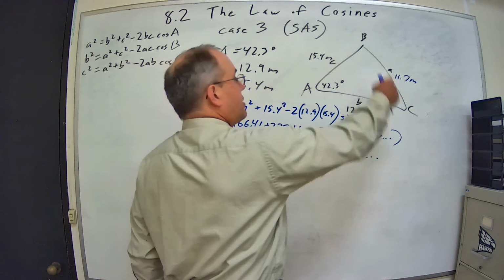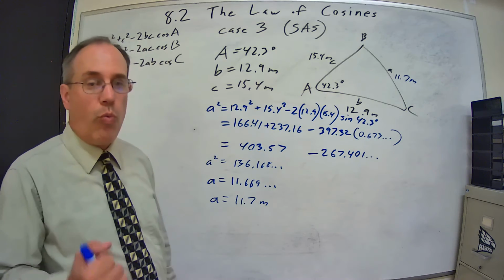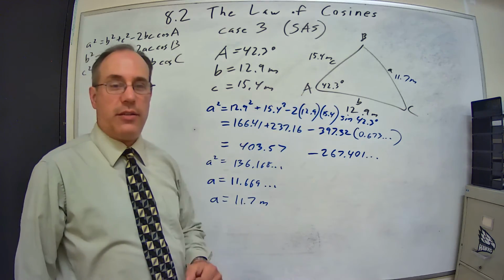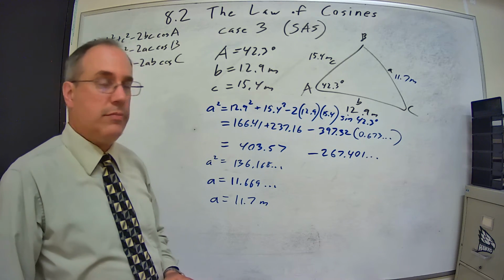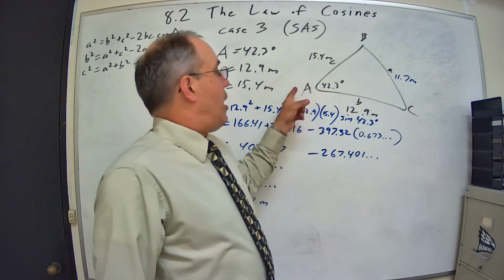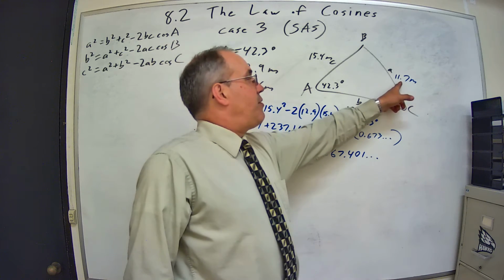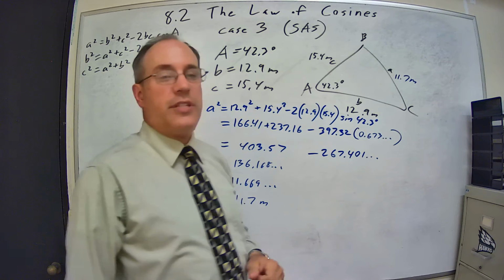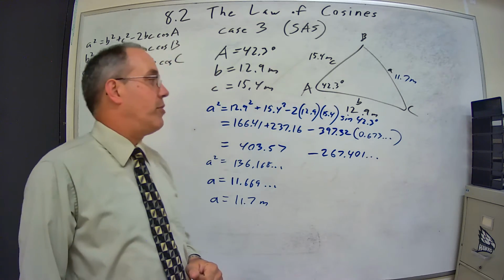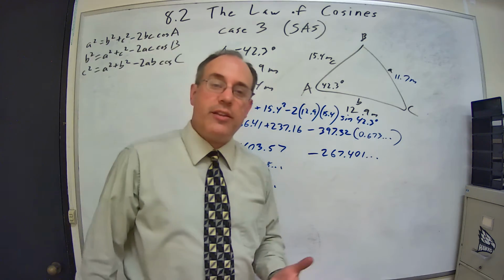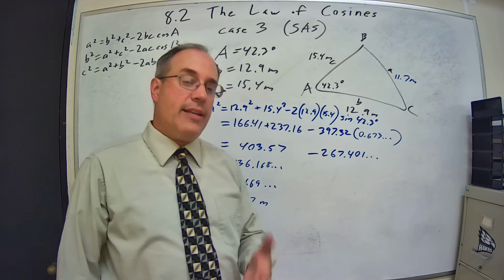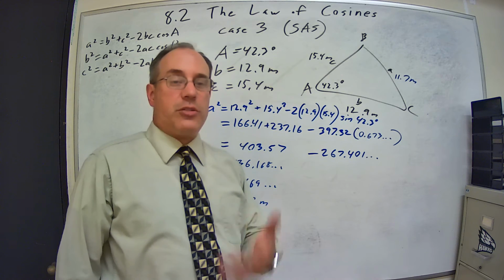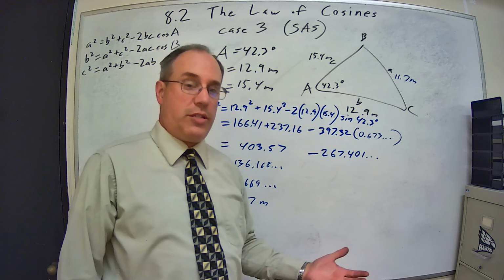The other thing to take note of is be careful which angle you decide to go for next. I have a side that's 11.7 meters, a side that's 12.9 meters, and a side that is 15.4 meters. Remember that in a triangle, the longest side is opposite the largest angle, and the smallest side is opposite the smallest angle.